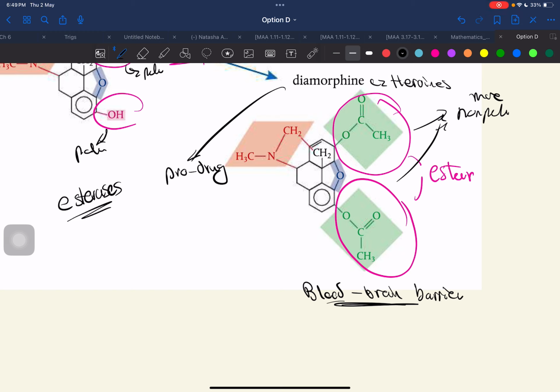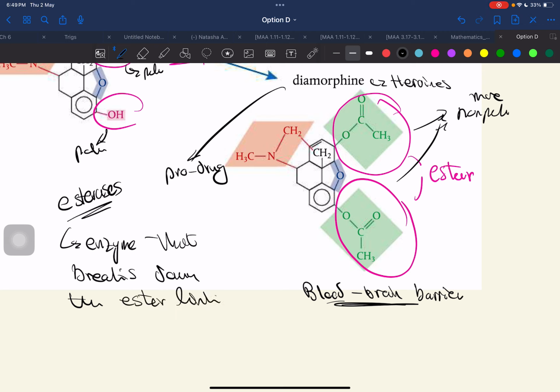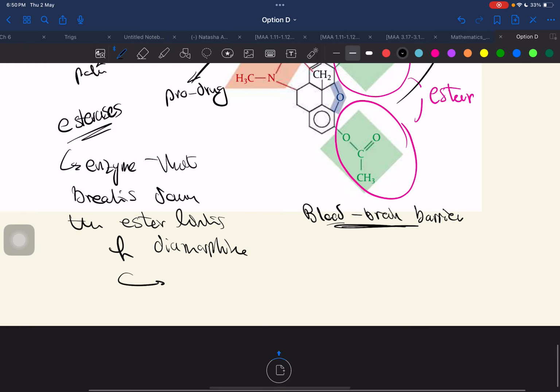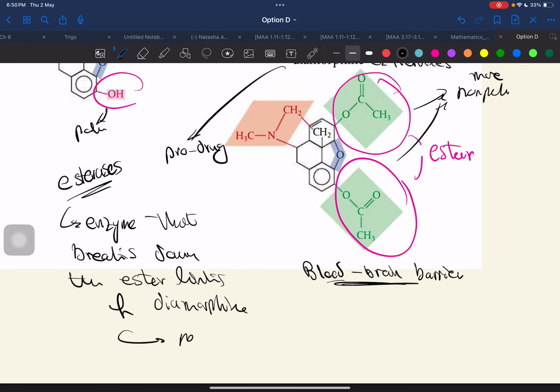So this esterase is an enzyme that breaks down the ester links of diamorphine, releasing morphine itself.